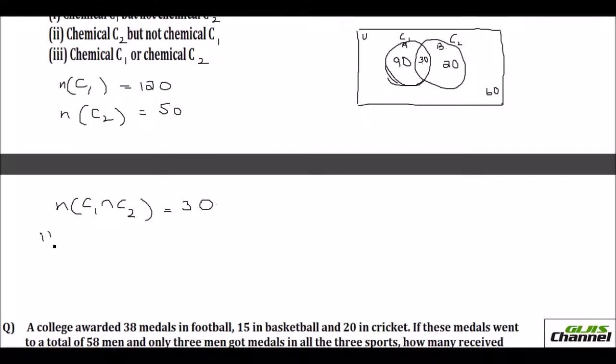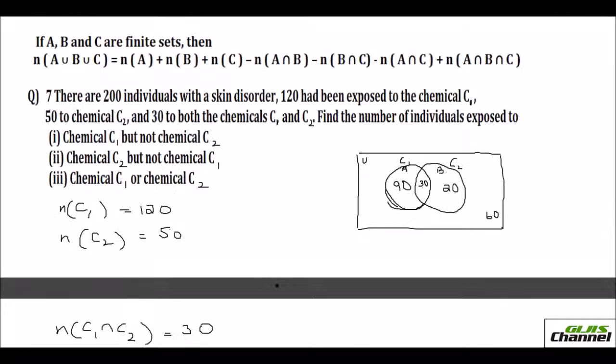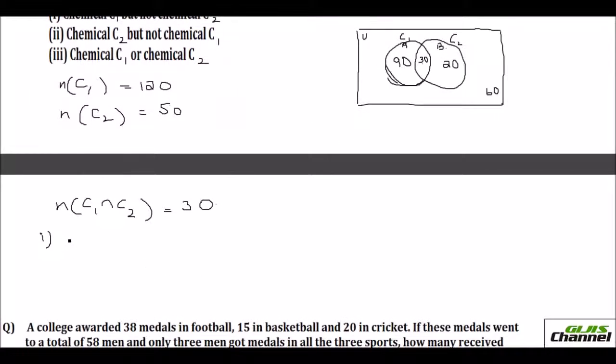First one is the individuals exposed to chemical C1 but not C2. So you should write only C1. So that is number of elements, here it is only C1. You shouldn't have C2 in it. Look at the picture, it is very clear.